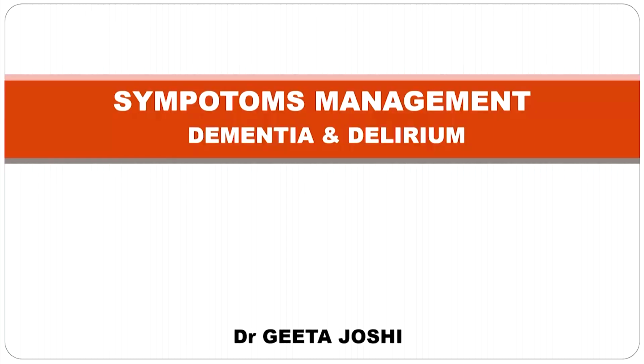The third lecture is on symptoms related to the central nervous system. These are dementia and delirium. Dementia is usually related to old age, but it becomes pathological when it affects the routine of the patient or the daily life of the patient. Delirium is very commonly found in palliative care patients, particularly cancer patients, particularly head and neck cancer patients, where their intake is very much affected.